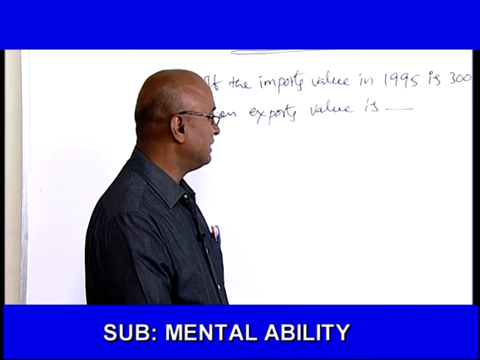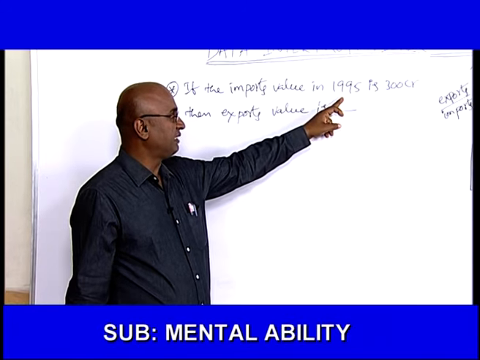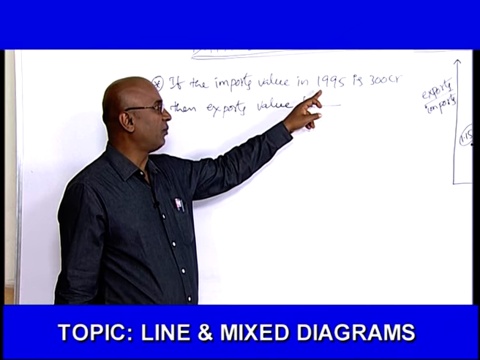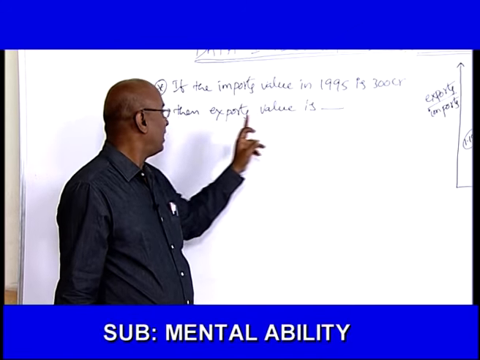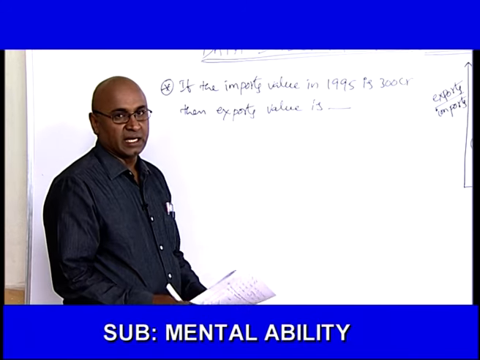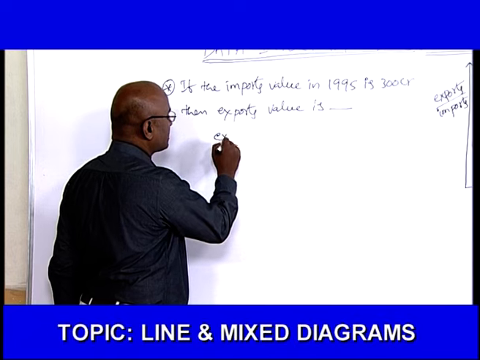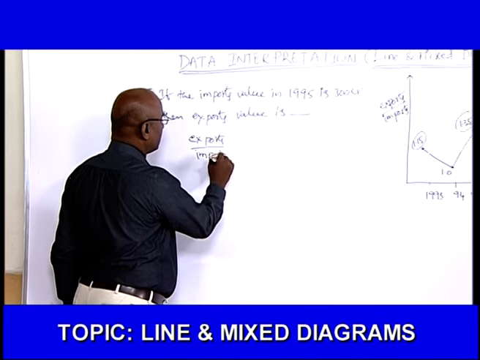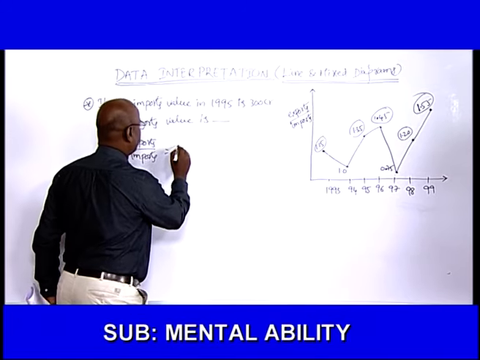Next problem in this is like this. If the imports value in 1995 is 300 crores rupees, 1995లో దిగుమతుల విలువ 300 కోట్ల రూపాయలు అయినా ఎక్స్పోర్ట్స్ విలువ ఎంత? ఎక్స్పోర్ట్స్ వాల్యూ ఈజ్, we know that the exports by imports is equal to, in the year 1995 it is 1.35.